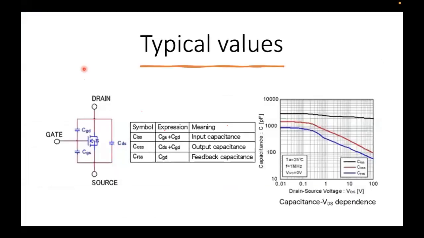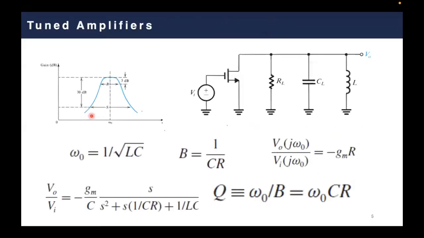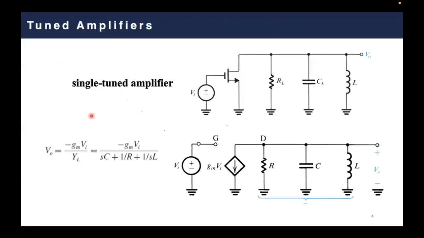The parasitic impact occurs due to the CGD, or the gate drain capacitance. Because simply, if you return to the standard small signal model for a MOSFET, you will find that we usually have this open circuit disconnecting the gate side from the drain side.